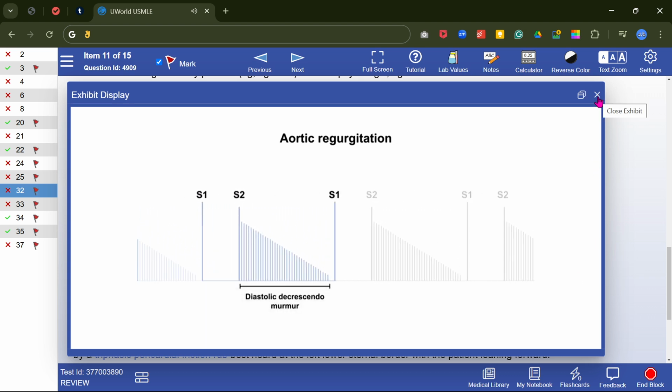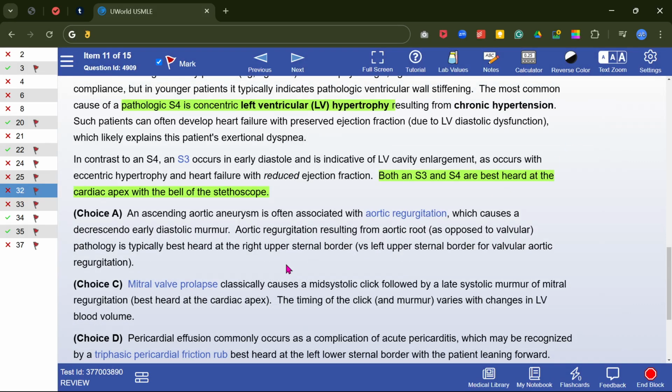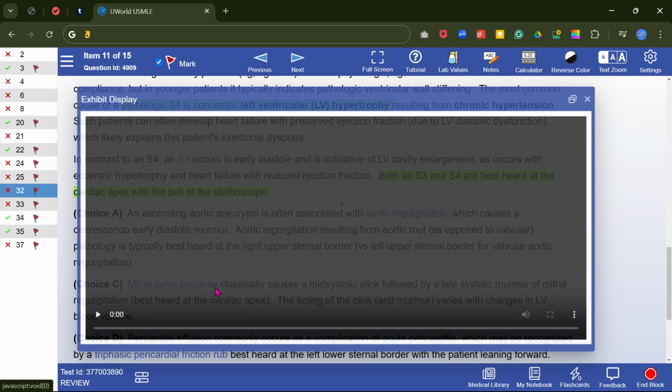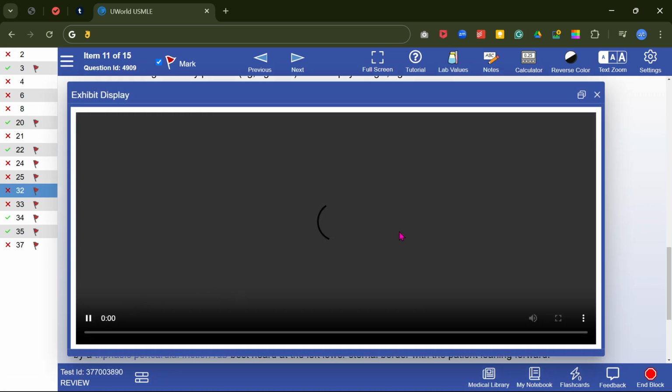So this is an AR murmur, a diastolic decrescendo murmur. Mitral valve prolapse: late systolic murmur, MVP or mid systolic click may be found, best heard at the cardiac apex.